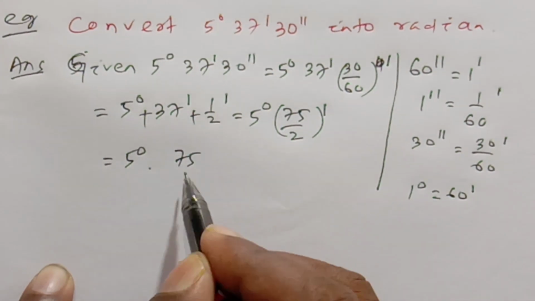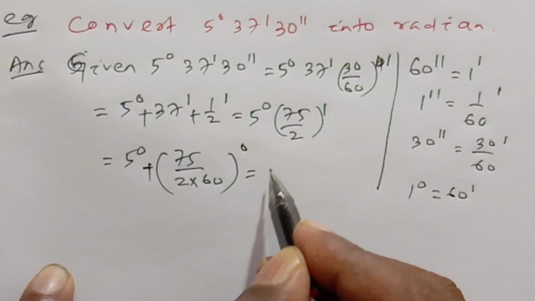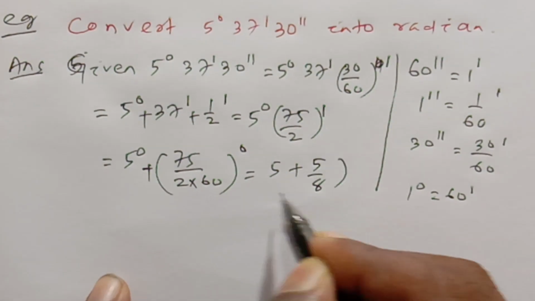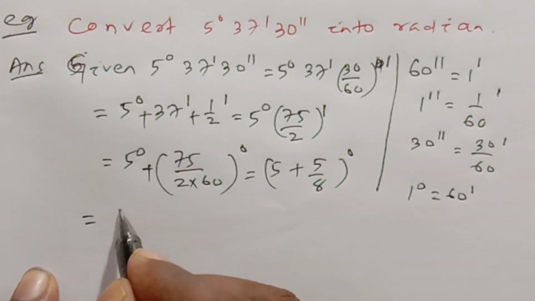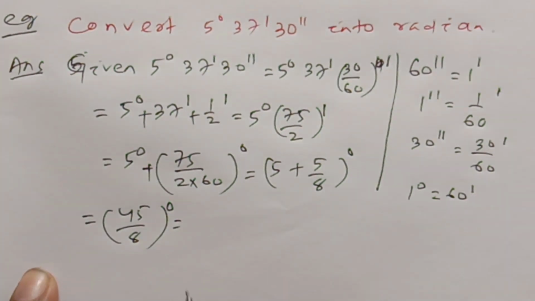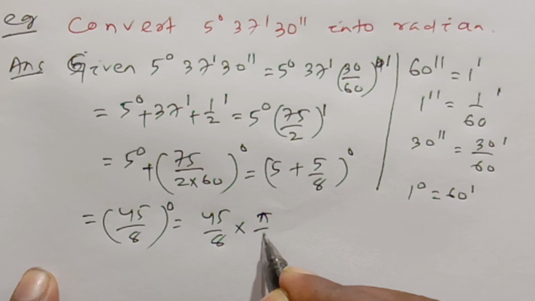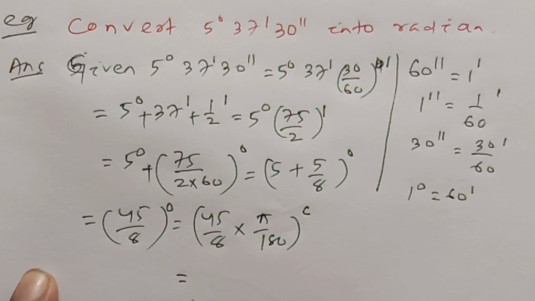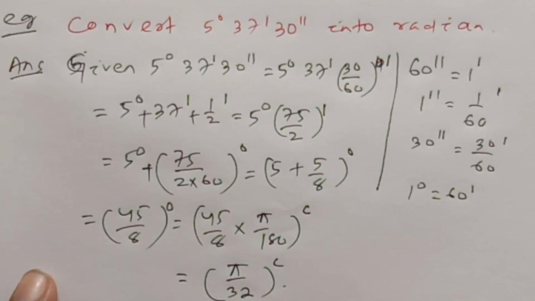This is 5 plus 75 by 2 into 60 degree, and simplifying this gives 5 plus 5 by 8 degree, which is 45 by 8 degree. And this is equal to 45 by 8 into, we have to multiply pi by 180 in order to convert into radian, and this is equal to pi by 32 radian.